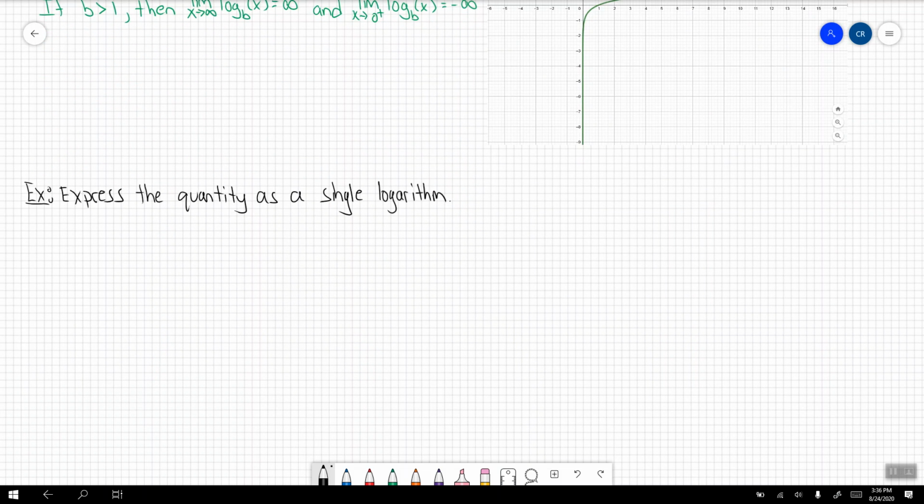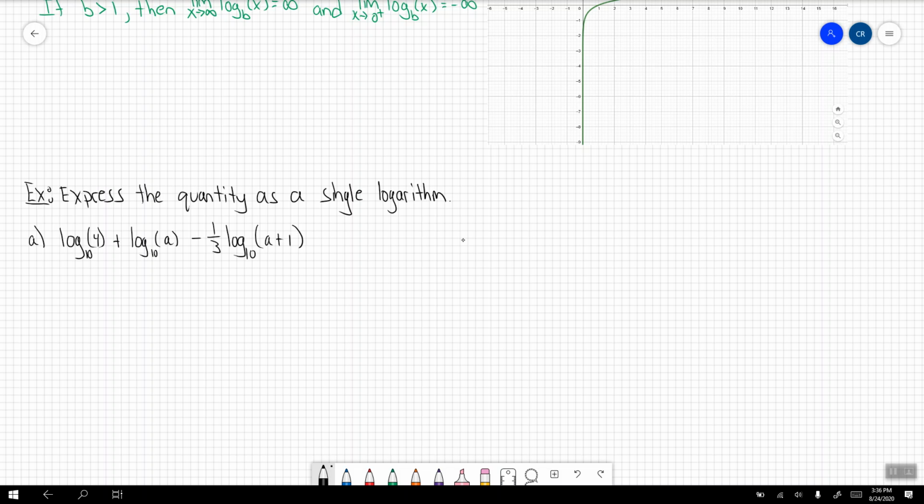Alright, so we're going to have a first part to this, part A. This is going to be logarithm base 10 of 4 plus logarithm base 10 of a minus 1/3 logarithm base 10 of a plus 1.